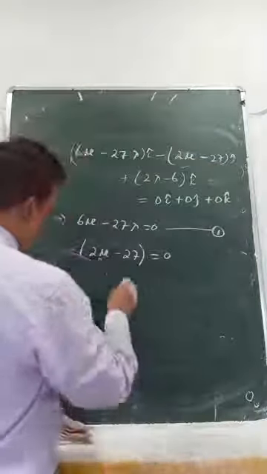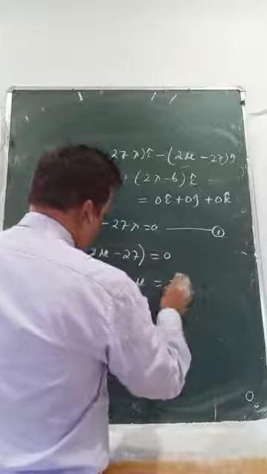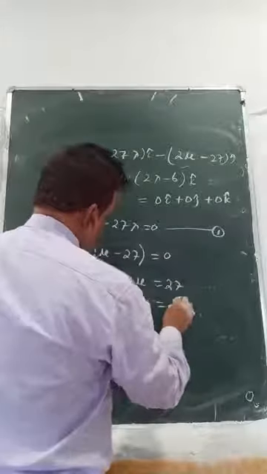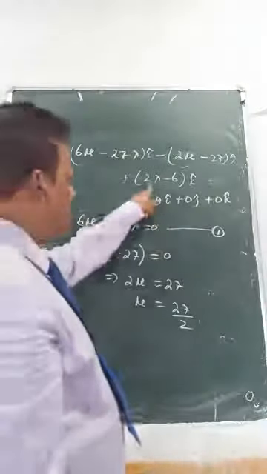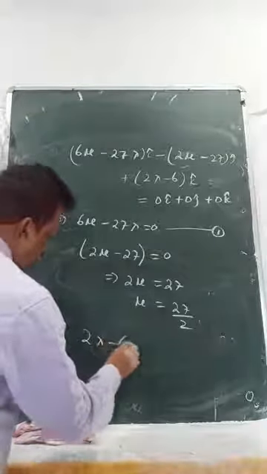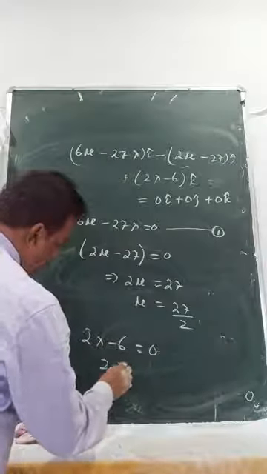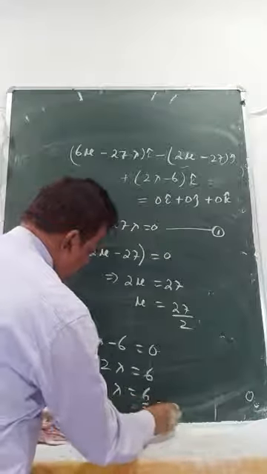So if you simplify, what do you get? 2 mu equals 27, mu equals 27 by 2. Then 2 lambda minus 6 is 0. 2 lambda is 6. Lambda is 6 by 2, that is 3.